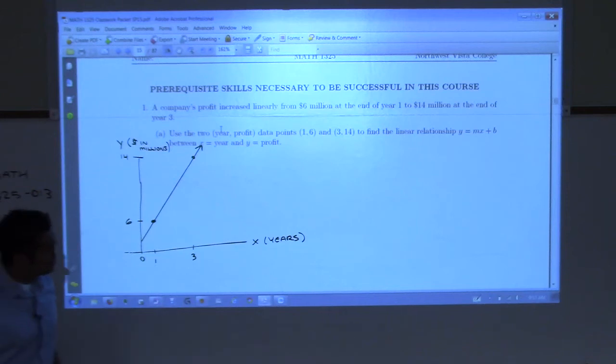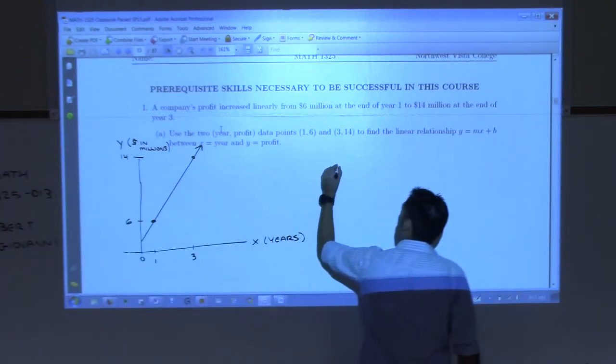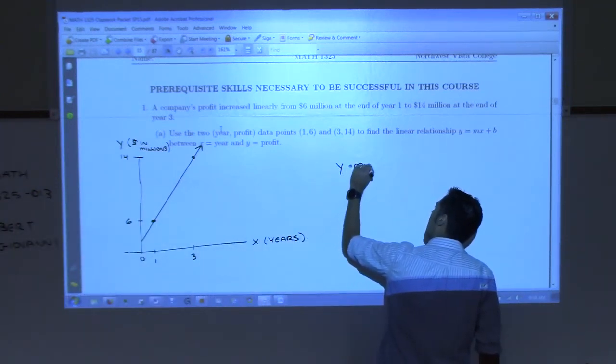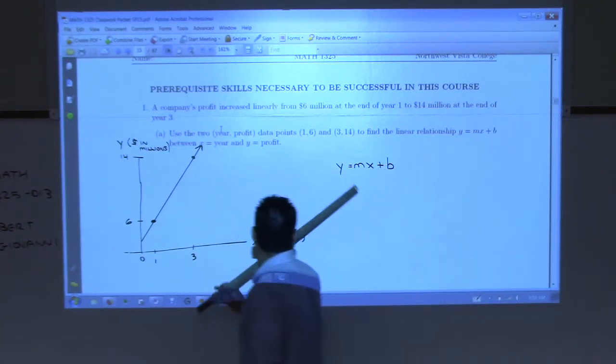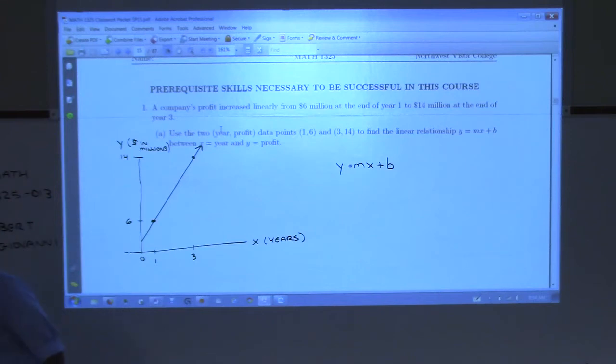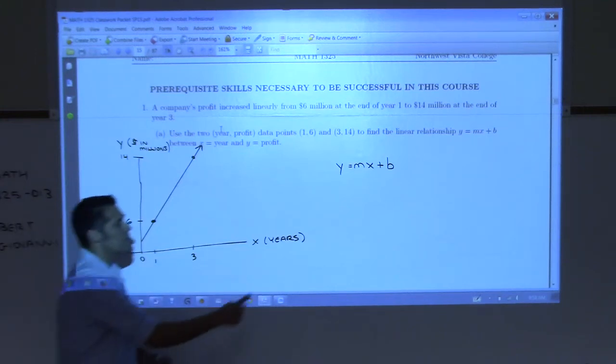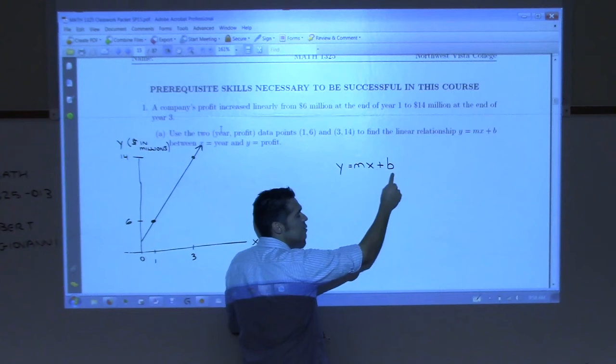All right, so if we're going to come up with the equation of a line, y equals mx plus b, what information is needed in order for us to be able to come up with that equation? We need the slope of the line, and then we need the y-intercept, right? So remember that this right here is the slope, and this is the y-intercept.